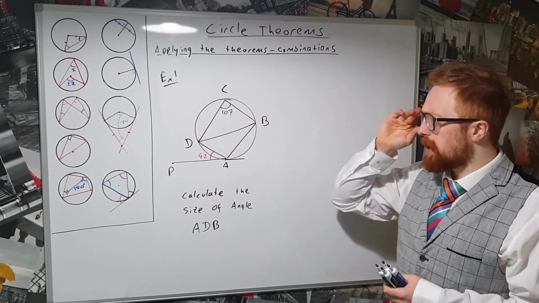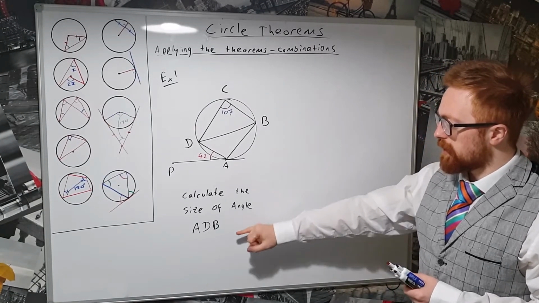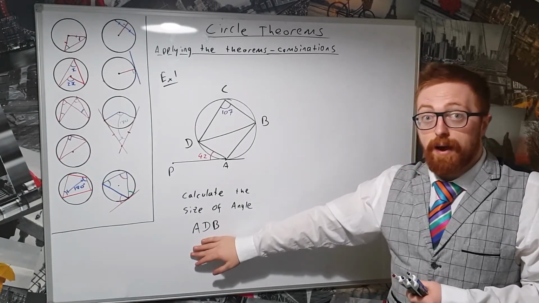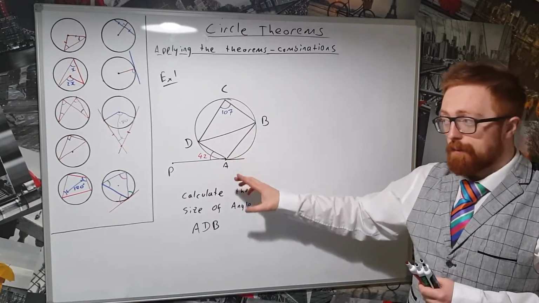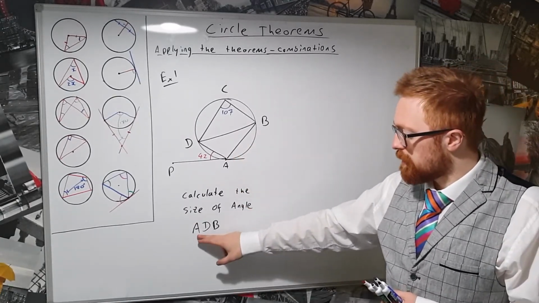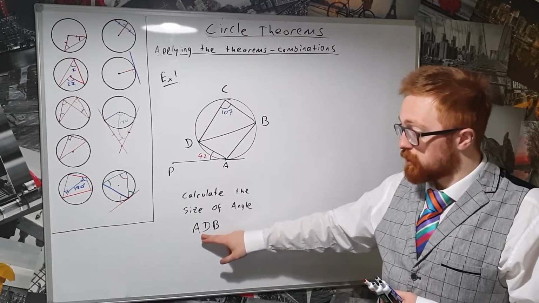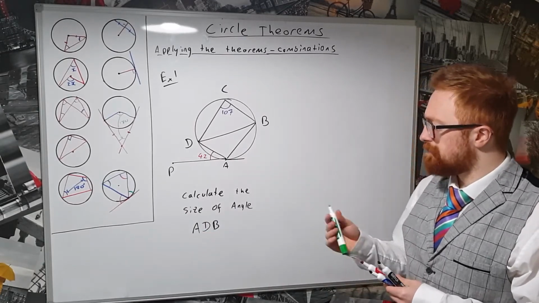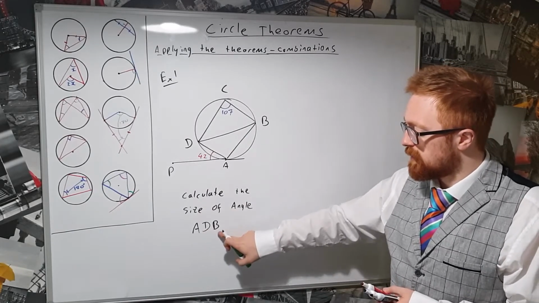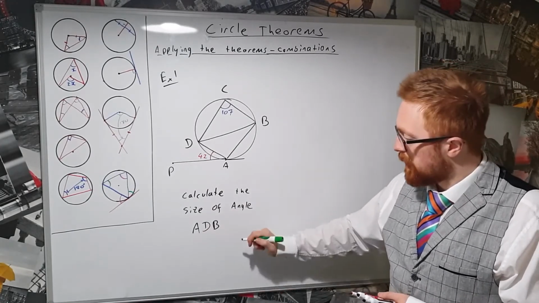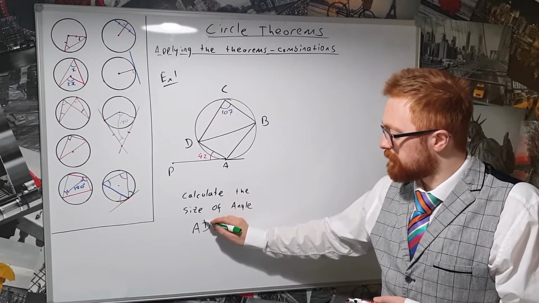And so we have an example here, example 1, and we're asked to calculate the size of this angle. Now, you might notice that the angle we're after isn't drawn in our diagram. So it's really important that you understand what this notation means. If we're given an angle, we'll often be given it as just a string of 3 letters. And the angle is always the one in the middle.